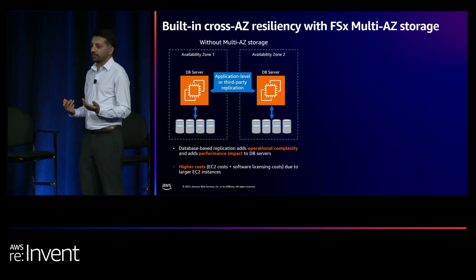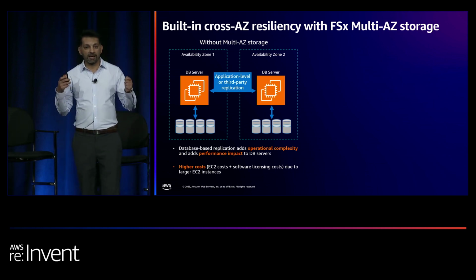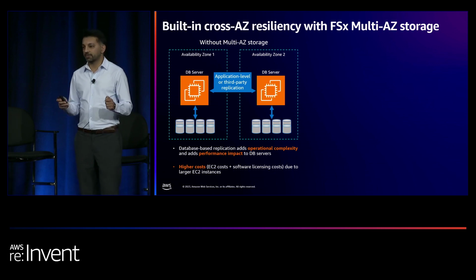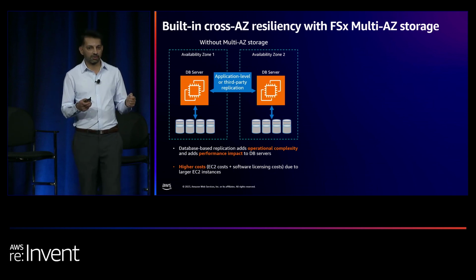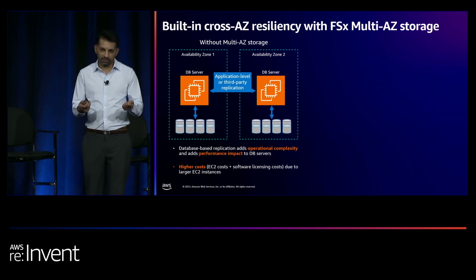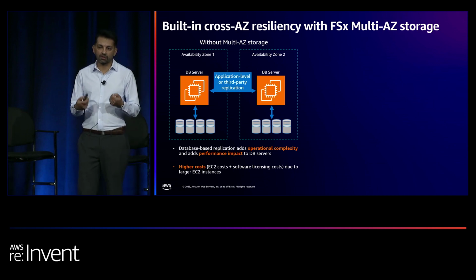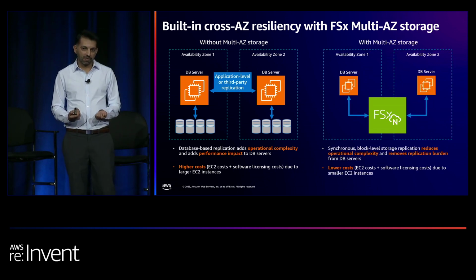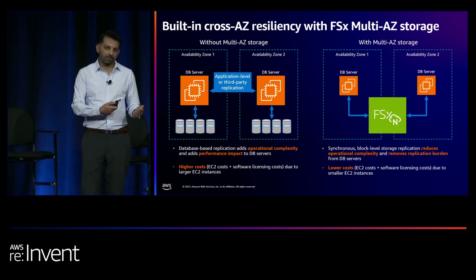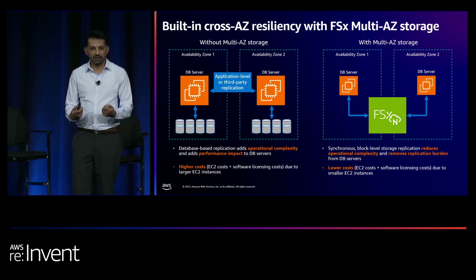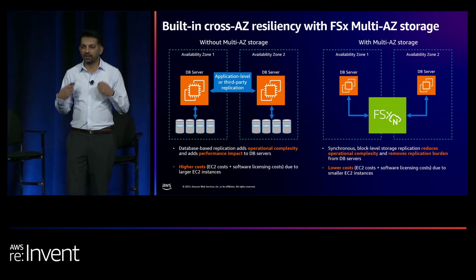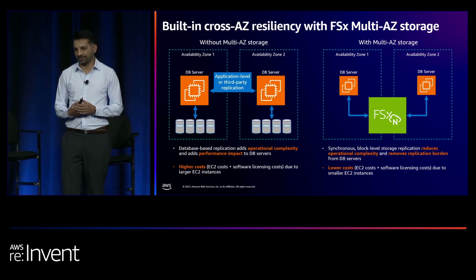A very common pattern we see is making sure the database is highly available across two AZs. And a lot of our customers have been using application-level replication or a third-party replication tool, which not only adds cost, it also adds complexity and issues with scalability. And now with FSx for ONTAP, using a multi-AZ file system, you could have block storage which can be shared within a cluster environment, and it's available across AZs.